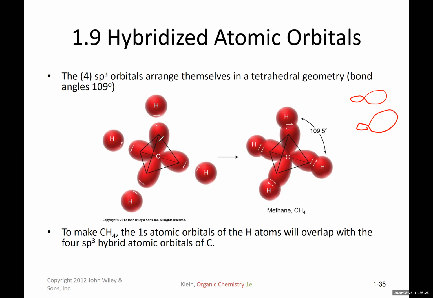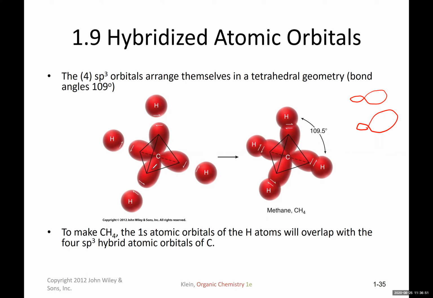So we have our four orbitals and their electrons in these four sp3 orbitals, and they arrange themselves to minimize the repulsion between the electrons. Right, electrons are negatively charged and they would repel each other, so they get as far apart from each other as possible.